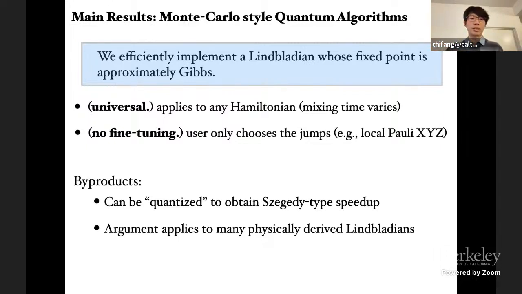Our formalism is compatible with Szegedy-type speedup, so you can quantize our Lindbladian to obtain a purified version. You get some kind of quadratic speedup, which prepares the purified Gibbs state. Also, for physics, our argument applies to many physically derived Lindbladians. So we can just look at some Lindbladians physicists derived in their papers and say that, hey, this one actually has the correct fixed point.